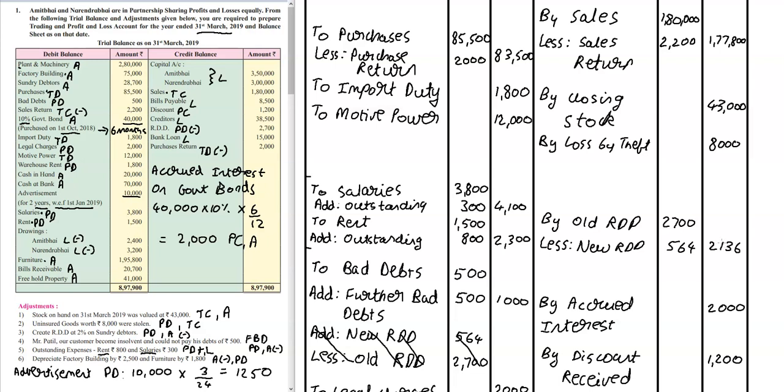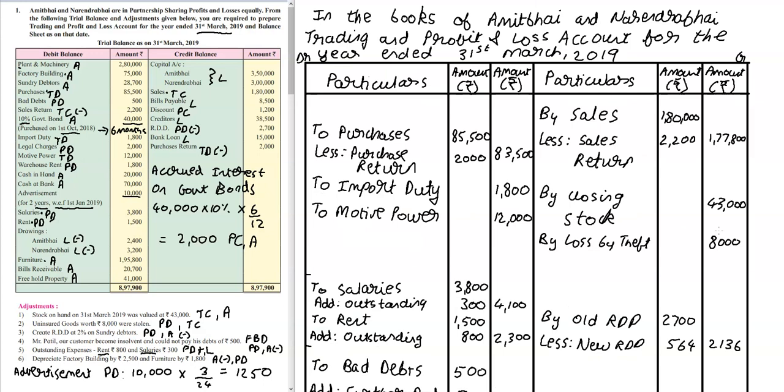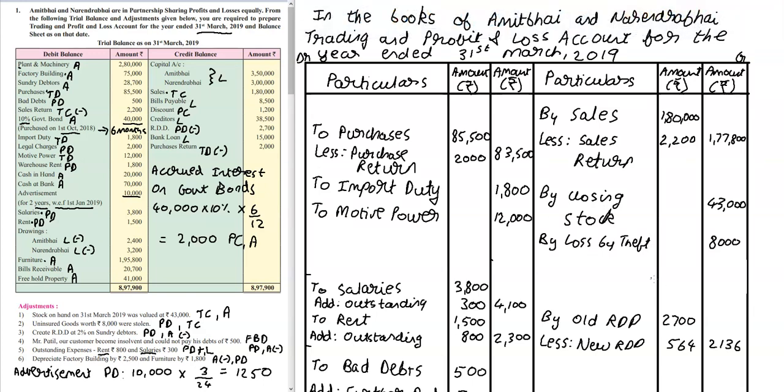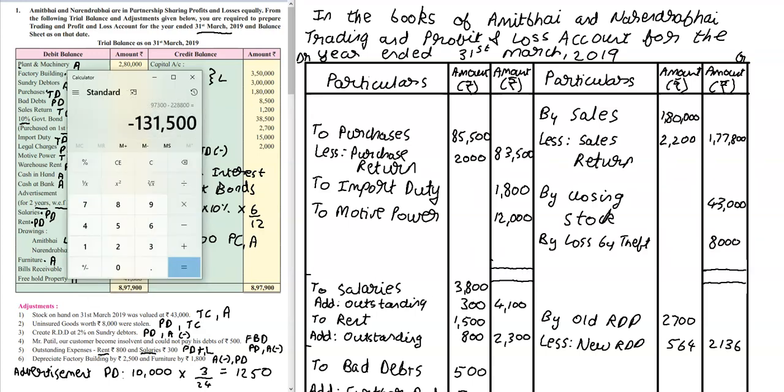Now, we can go ahead and calculate the gross profit. The total of the heavier side needs to be written on both the sides. Y'all are not allowed a calculator, but I'm going to take that liberty.